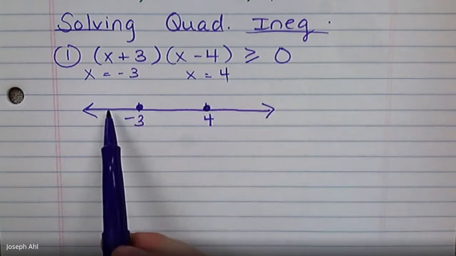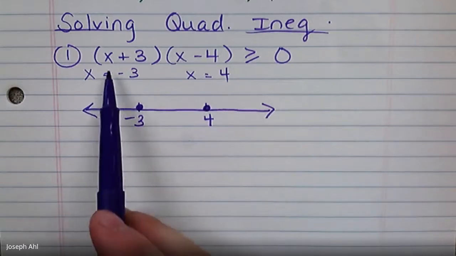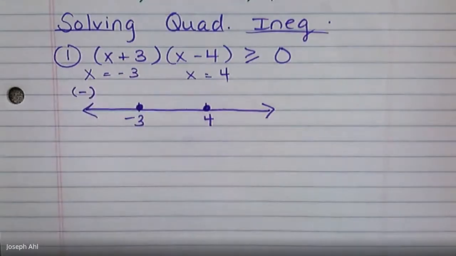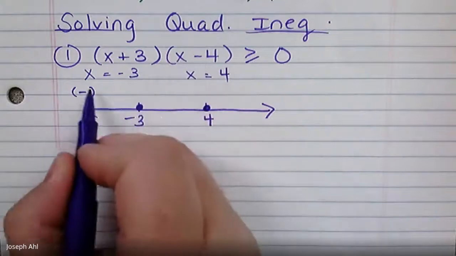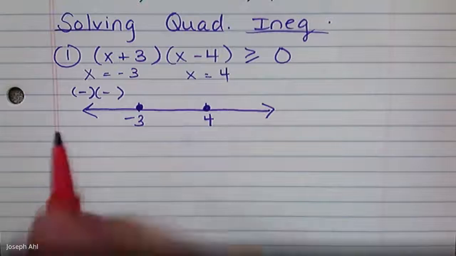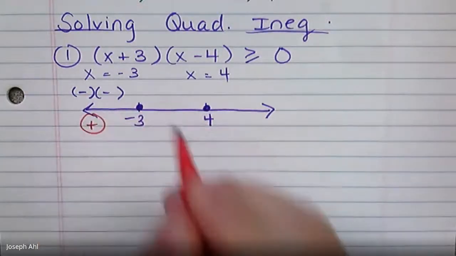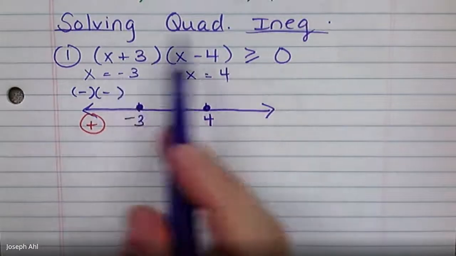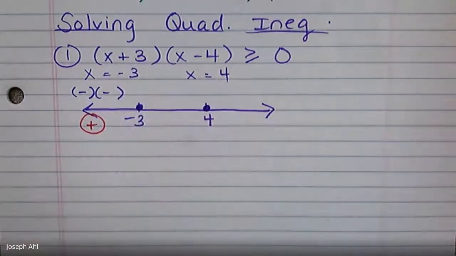So let's test something to the left of -3. How about -4? -4 plus 3. That's a negative number. I don't even care what negative number it is. I just know it's negative. -4 minus 4 is altogether negative. So in the end, a negative times another negative is positive. Anything to the left of -3 when plugged into this expression will be a positive number.